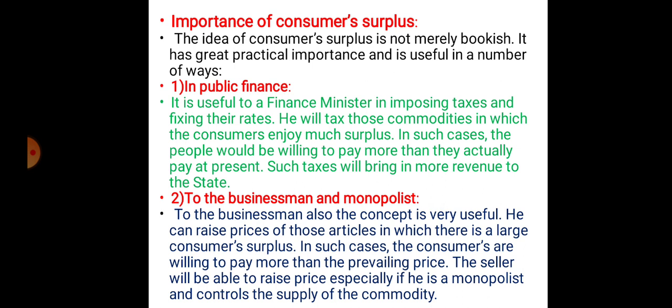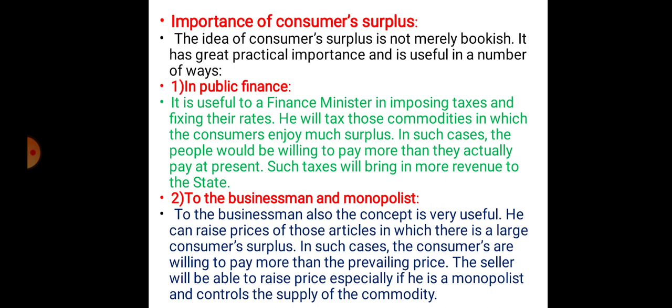Now, second, to the businessman and monopolist. To the businessman also, the concept is very useful. He can raise prices of those articles in which there is a large consumer surplus. In such cases, the consumers are willing to pay more than the prevailing price. The seller will be able to raise the price, especially if he is a monopolist.